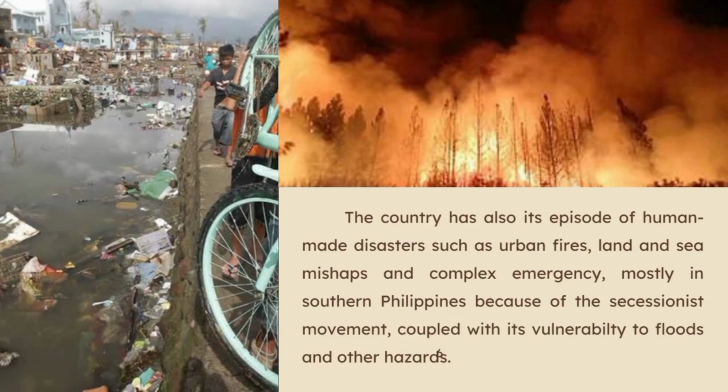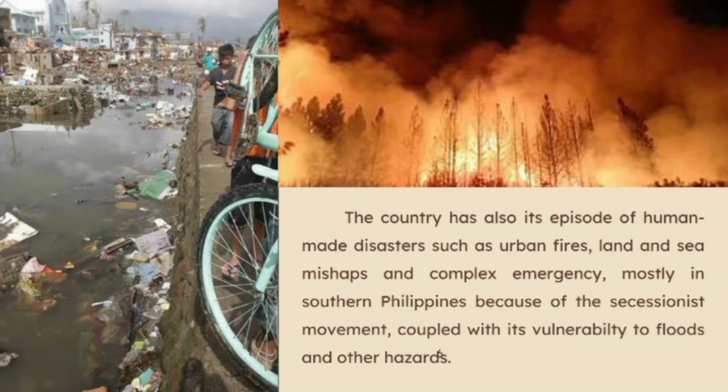Next, the country has also had its episodes of human-made disasters such as urban fires, land and sea mishaps, and complex emergencies, mostly in southern Philippines because of the secessionist movement, coupled with its vulnerability to floods and other hazards.